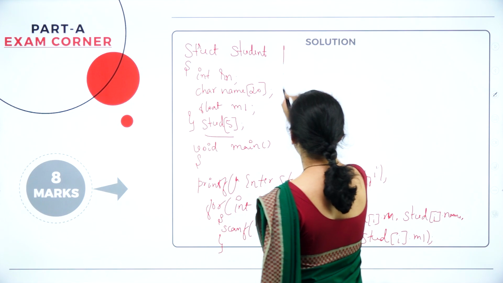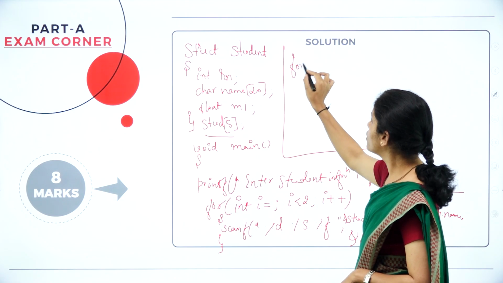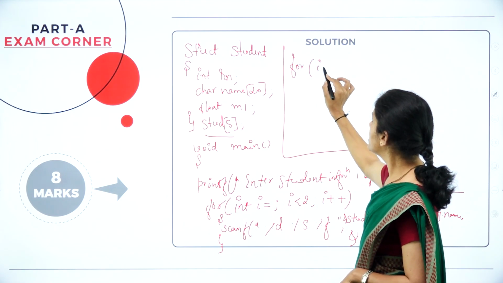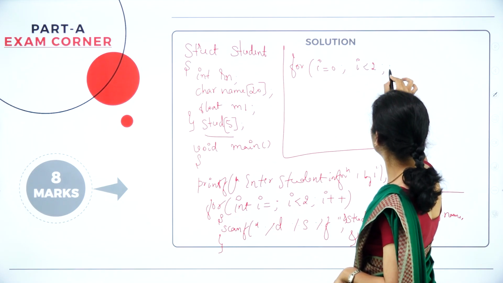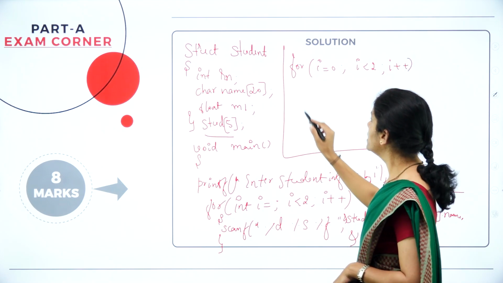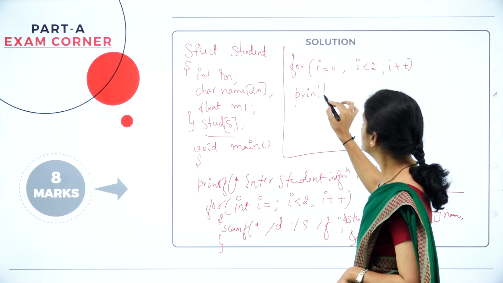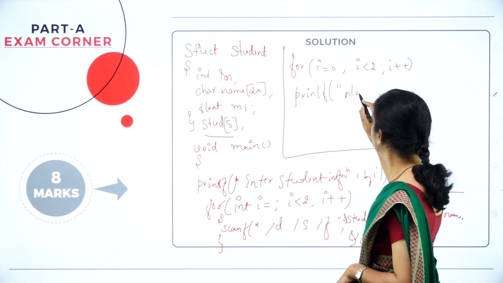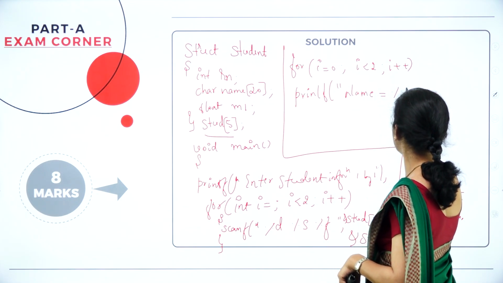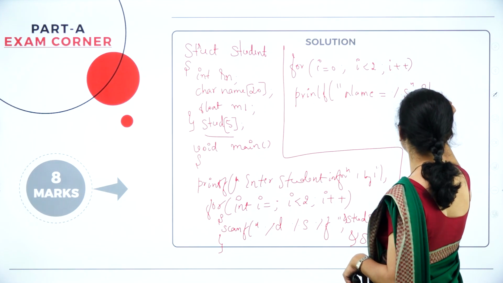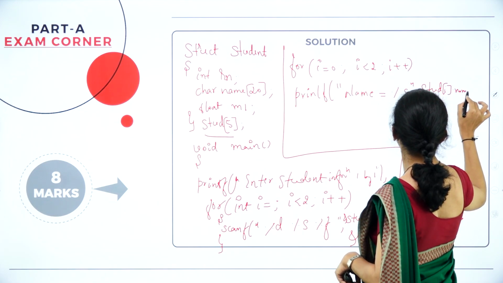Okay, fine. Now I want to display the student information one by one. So I'll use the for loop: for i equal to 0; i less than 2; i plus plus. Then I'll display printf("name equal to %s", stud[i].name).